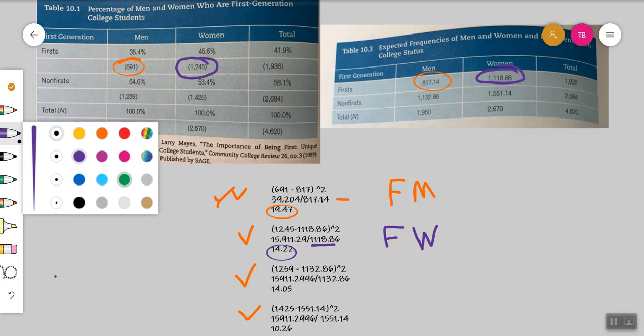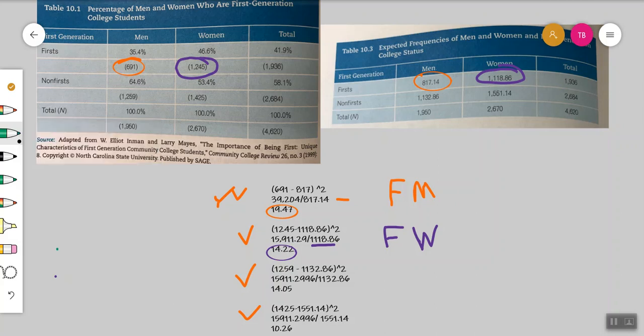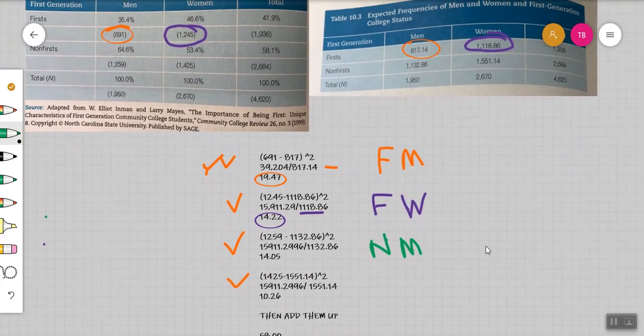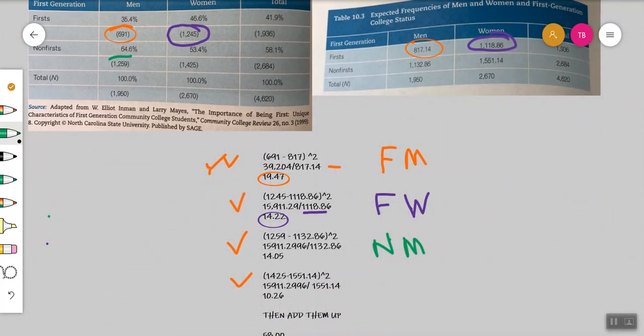Let's take a look at non-first generation men. So you see 1259, non-first generation men, minus the expected. So 1259 minus 1132.86, squared, and again divided by the expected. And you get this one, 14.05.